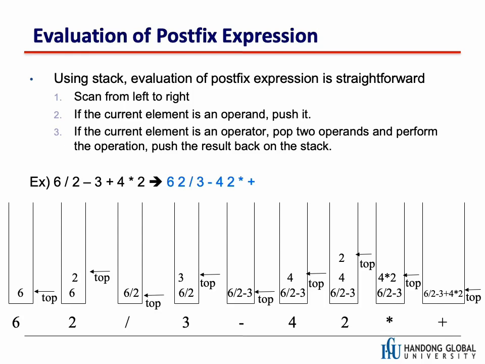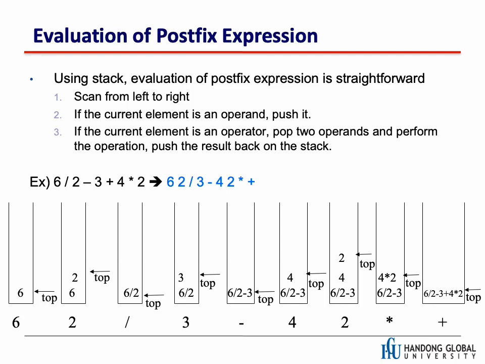Then we scan from left to right, and if the current element is an operand, then push it to the stack. And if the current element is an operator, then pop two operands and perform the operation and push the result back to the stack. That's a simple procedure.